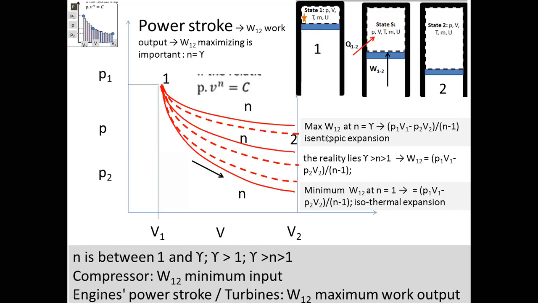Making the compression stroke isothermal and the power stroke isentropic is ideal, and there may be possibilities somehow. You cannot have exactly isentropic power strokes or isothermal compressions, but near isentropic and near isothermal are possible.